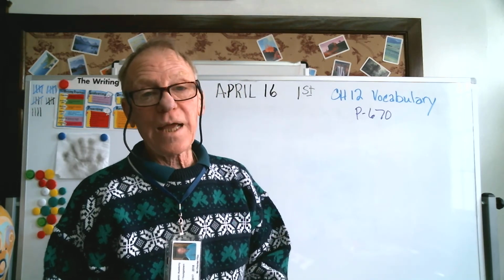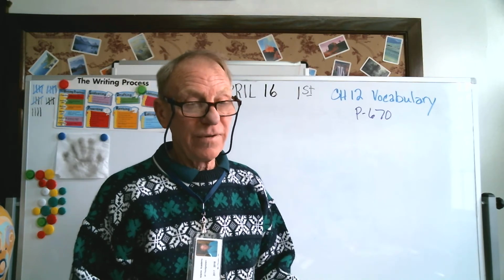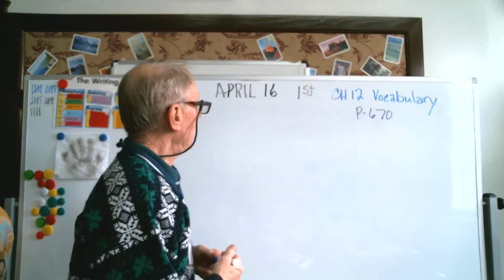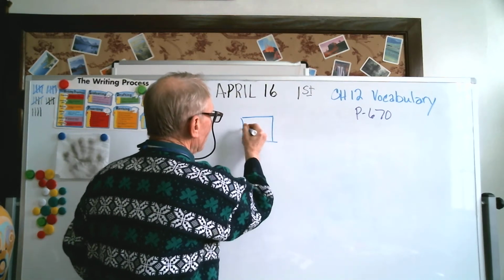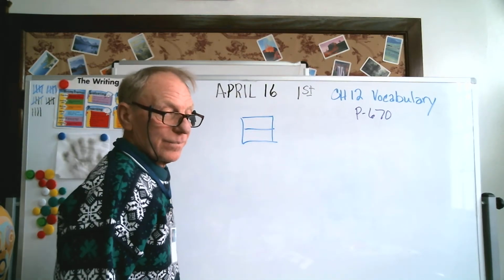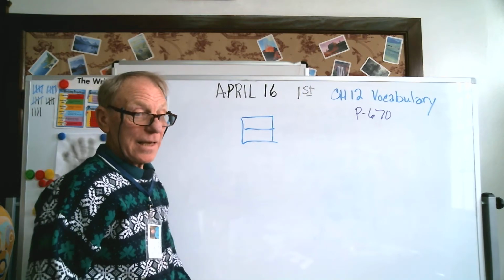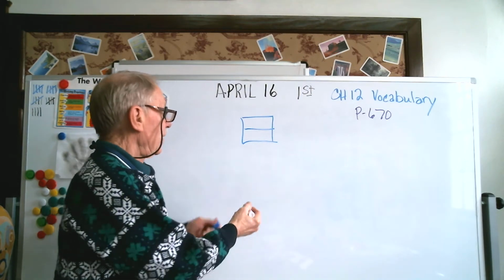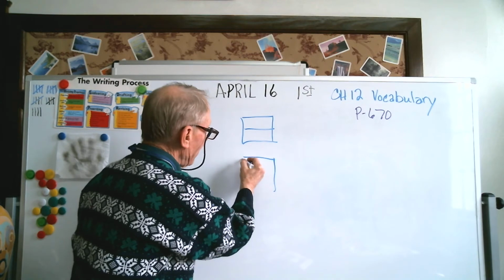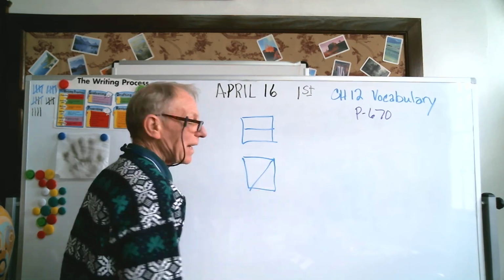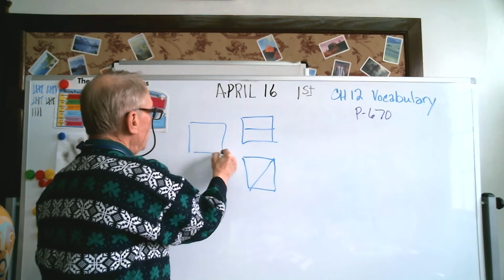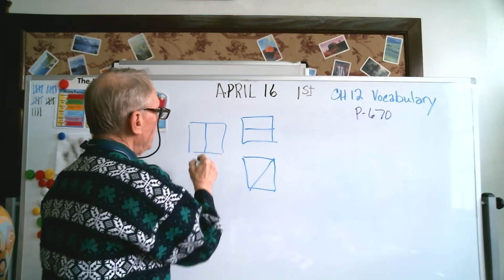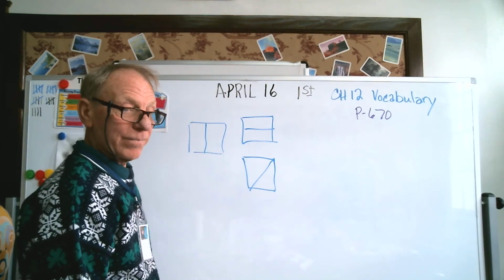The next vocabulary word is half of. Like we drew originally, half of something, you split it exactly in half. And it doesn't have to be split in half that way. It can be split in half that way. It can also be split in half that way.